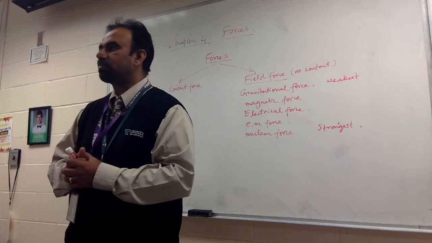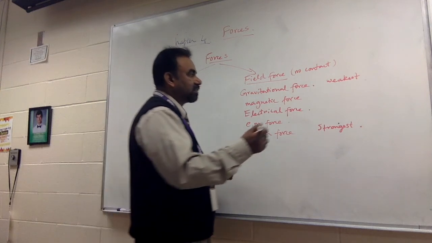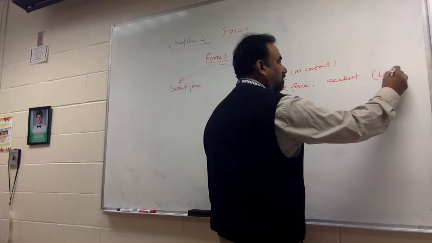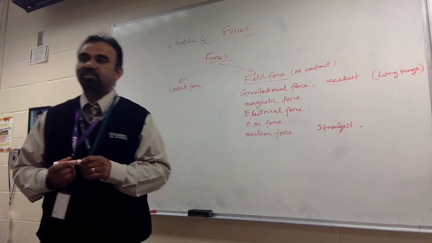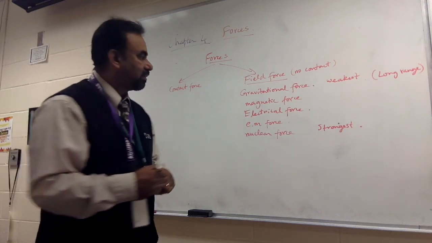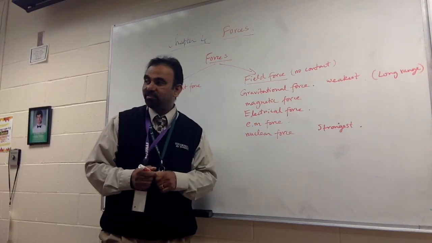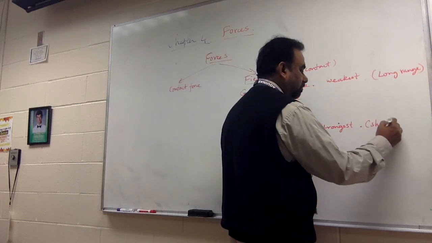Look, what is the distance? So this is the long range. Yeah, it is the weakest force, but it is long range. It can act over long distances. And which is the shortest range? Nuclear. Nuclear, short range.